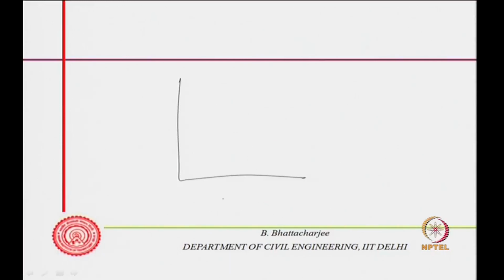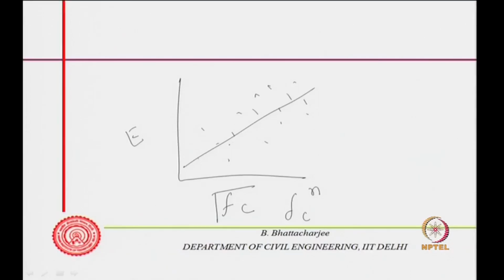If I plot f c, concrete cube strength, and E, or under root f c, then you get all sorts of scattered results and you can plot a curve. This is what it is trying to do, a linear curve, or some people put it as some f c to the power n, maybe 0.6 or whatever values, because these scatters are there.